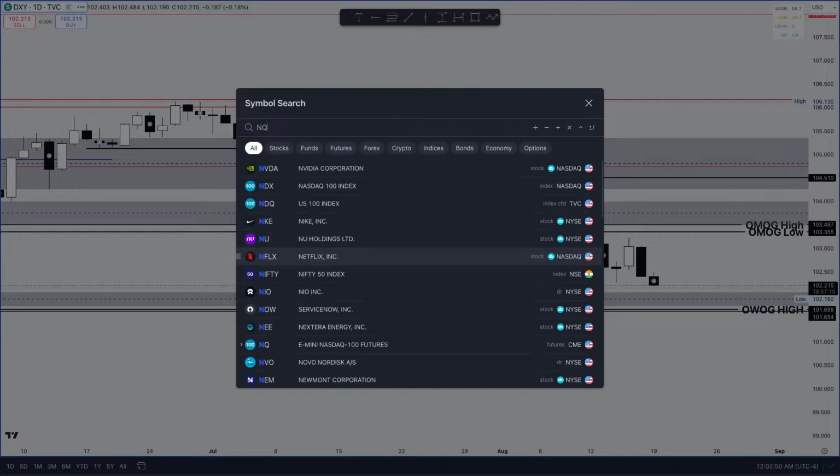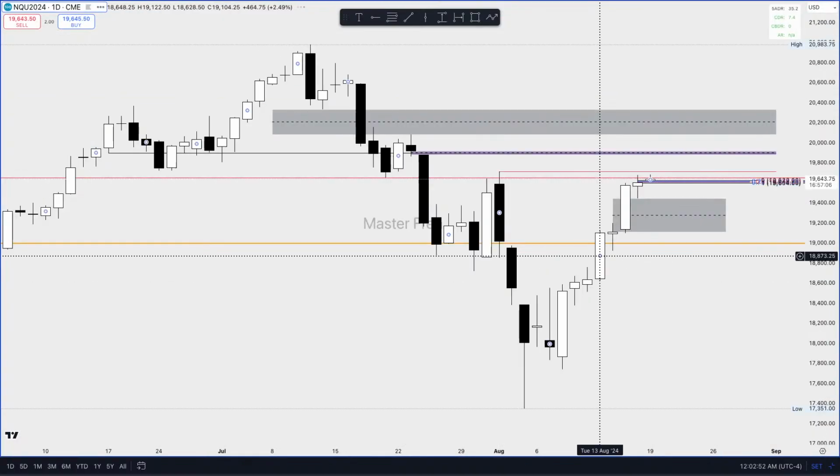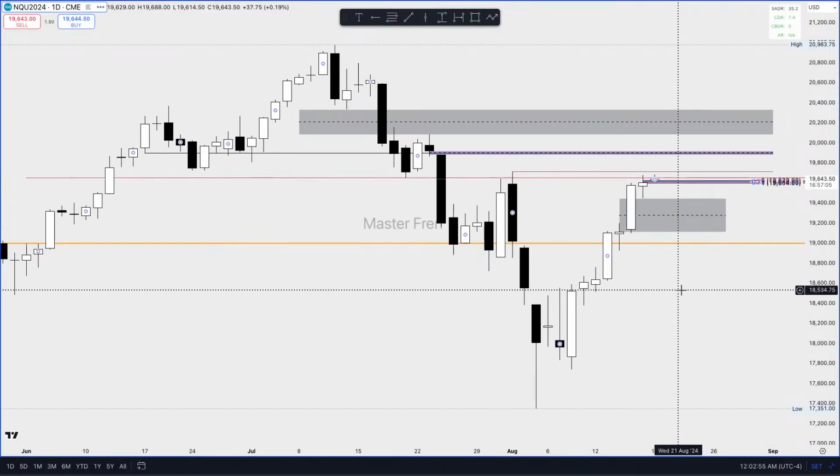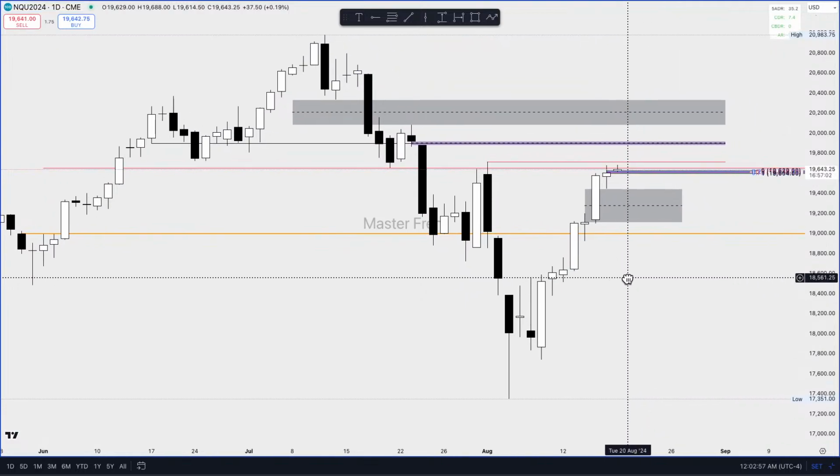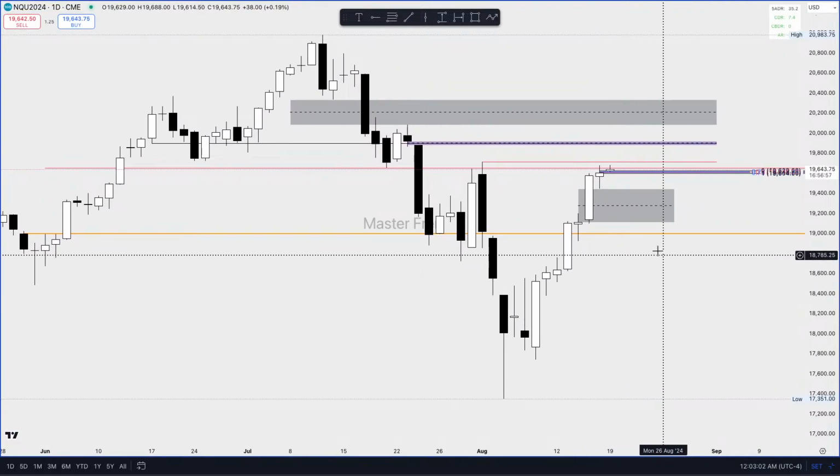NASDAQ, hold on, I gotta put these two side by side here.